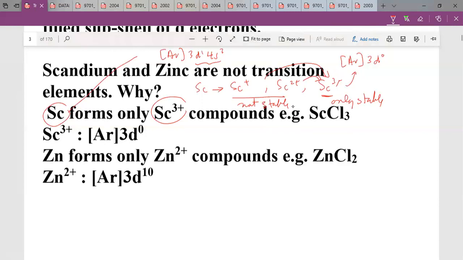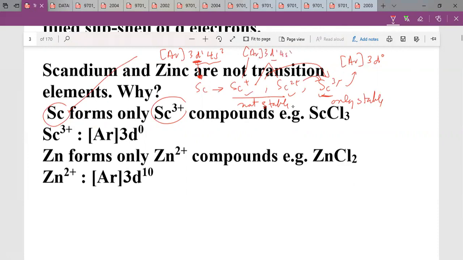It is a d block element. Scandium has three ions, and these two ions have partially filled d orbitals, because this one is Ar 3d1 4s1.